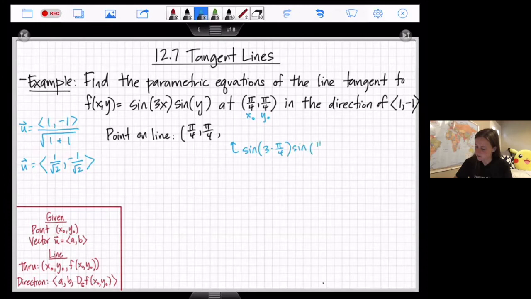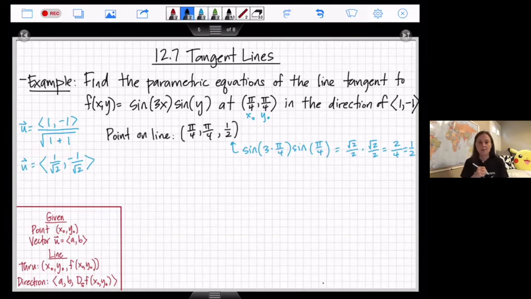Let's see, y is pi over 4 as well. Okay, unit circle, 3 pi over 4 is over in the second quadrant where sine is positive, and sine pi over 4 is where sine is positive as well. So these are both square root of 2 over 2, square root of 2 over 2. So that is 2 on top and 4 on bottom, or a 1/2. All right, so our z coordinate of our point on the line is a 1/2.